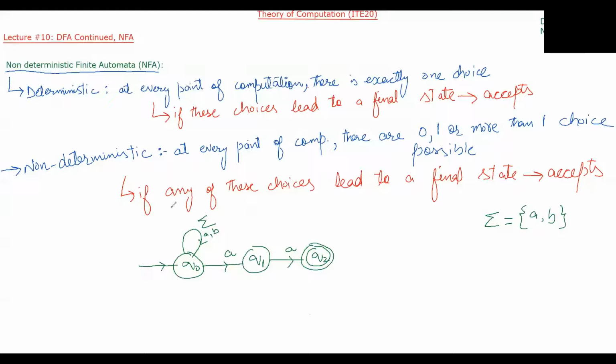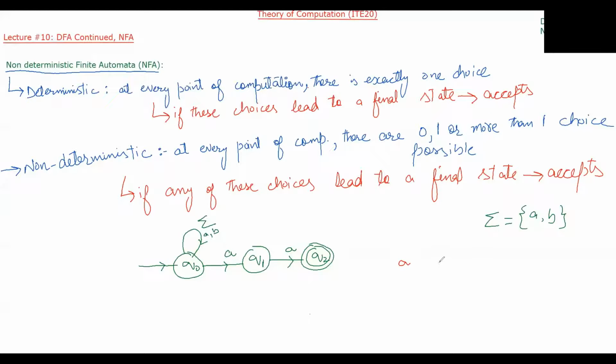So you can see this kind of automaton, whether it is a deterministic automaton or a non-deterministic automaton. In a deterministic automaton, at every point of computation, there is exactly one choice for one alphabet symbol. So let's take state Q0. For alphabet A, how many choices are possible?